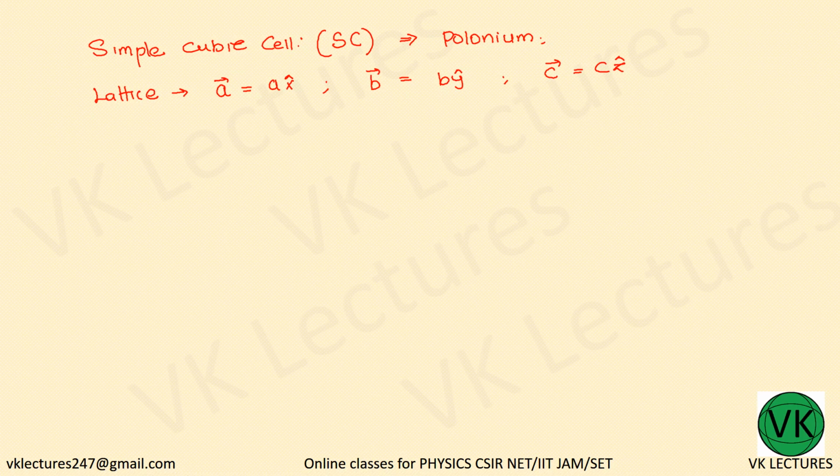And this a, b and c in the simple cubic cell are the same, so we can write A equal to a x cap, B equal to a y cap, and C equal to a z cap. Then the volume of the simple cubic lattice cell is equal to a cube.